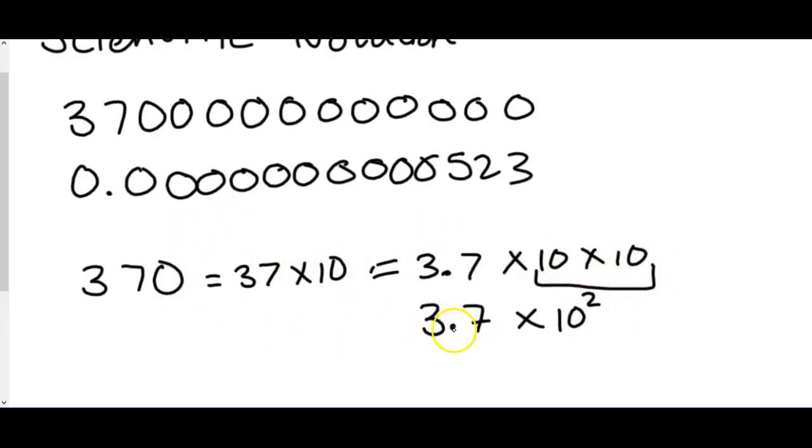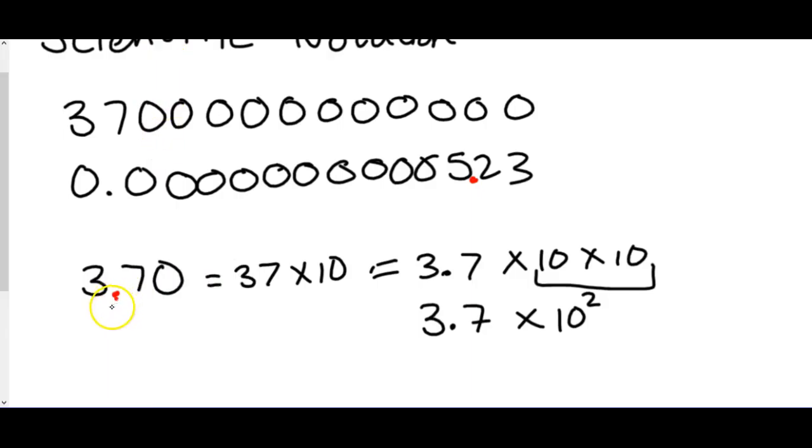When we do scientific notation, we always want the decimal behind the first digit. So the first digit was a 3, we're going to put the decimal here, or the first digit besides the zeros is a 5, so we'd want the decimal here. And then we count how many times.